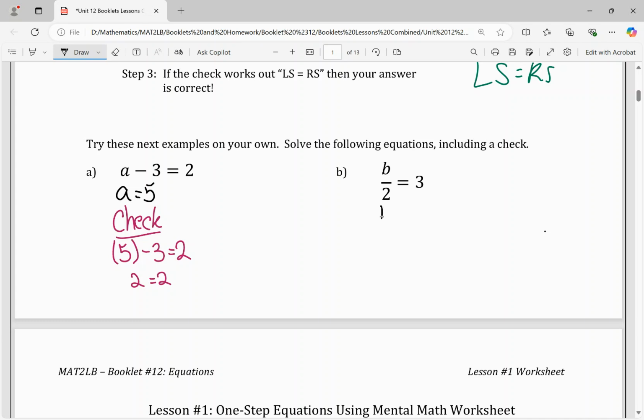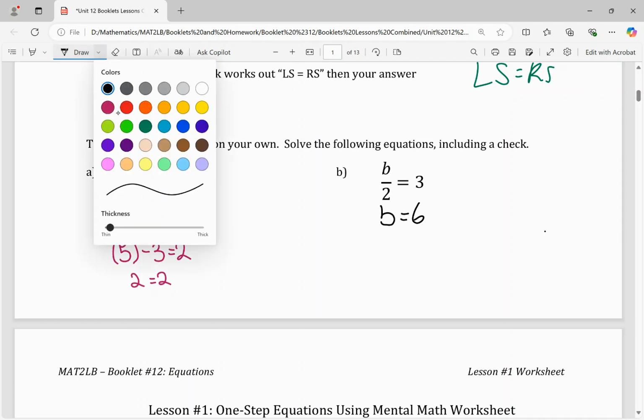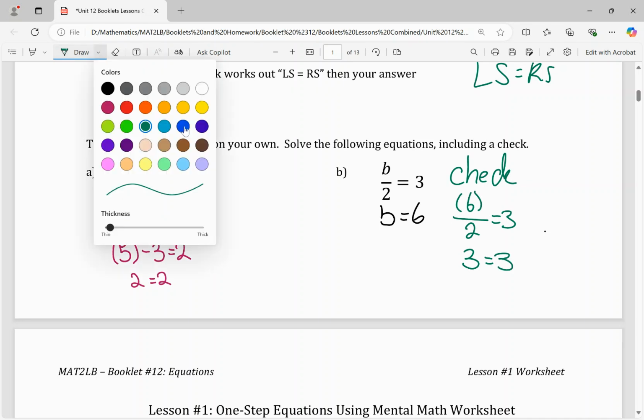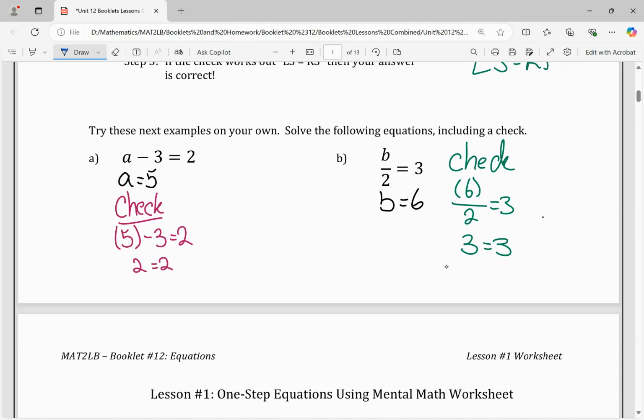And that is why b is equal to 6. Great. And we can check that. If you plug in 6 for b, divide that by 2, is that equal to 3? Yes, it is. So you say 3 is equal to 3. And in both of these scenarios, we say that left side is equal to right side.